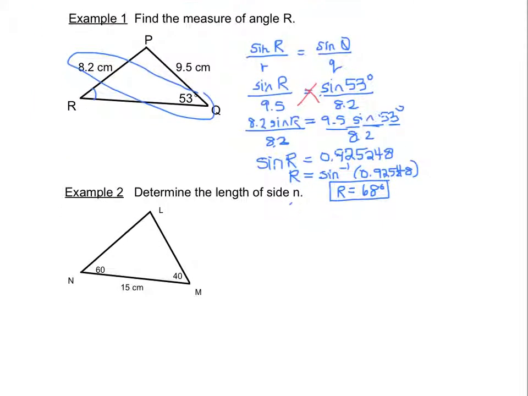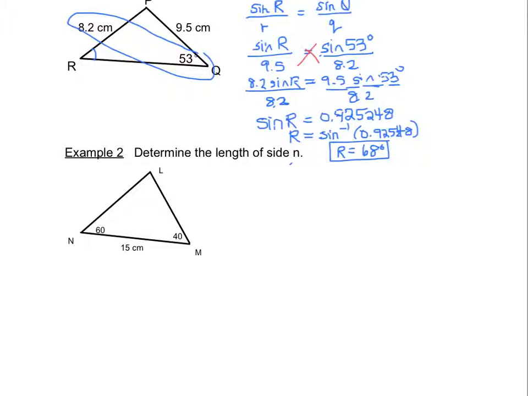Okay, let's go through an example of using the sine law to find the measure of a missing side. So since we are asked to find the measure of side n, I'm going to begin by writing n over sine n in my formula. Now on the other side of the equal sign, I need to have a side and angle that I already know. And if you look at the picture, you'll see that there isn't a matching side and angle that we know.